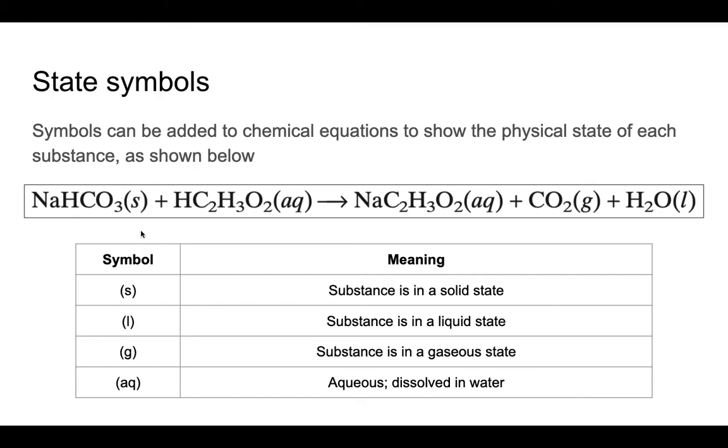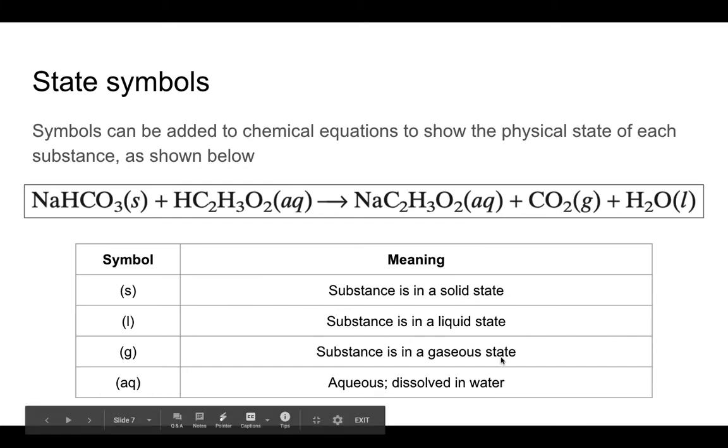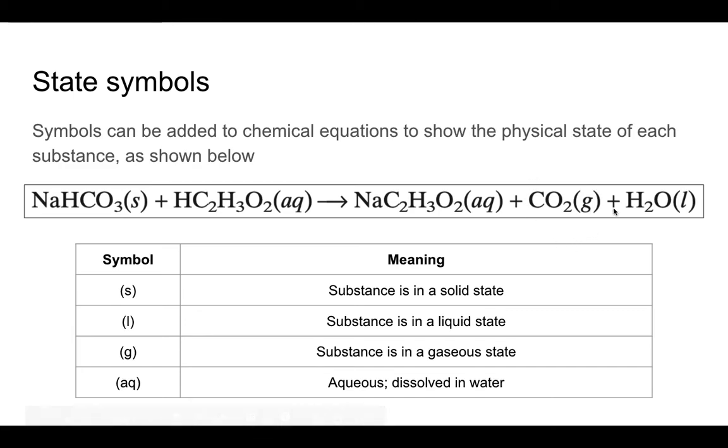S is for solid. And it reacts with acetic acid. AQ means it's aqueous. It is dissolved in water. And that yields sodium acetate, which is also aqueous. So it's dissolved in water, plus carbon dioxide in a gas form, and H2O, water, in liquid form. So the state symbols are just going to tell us the physical state that each one of our substances are going to be in.